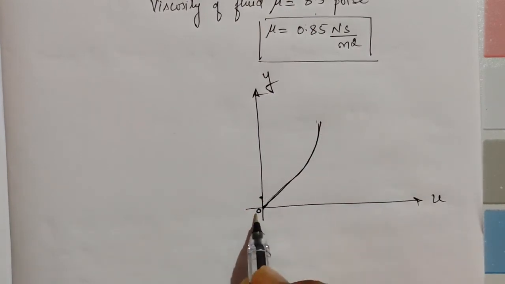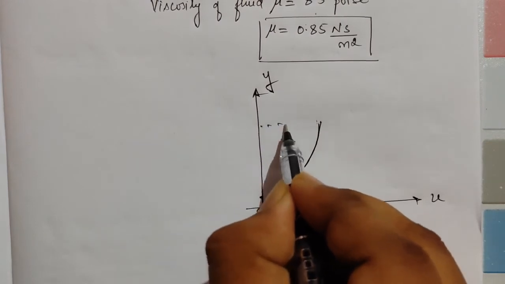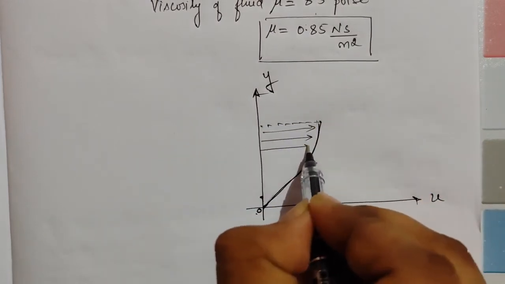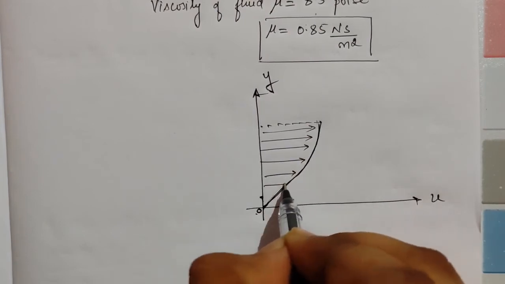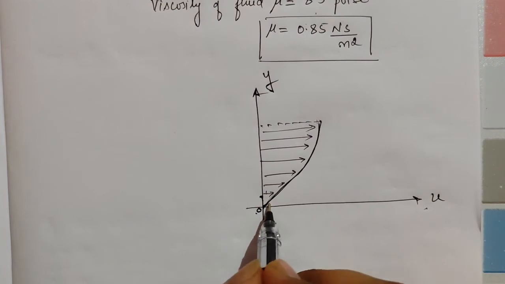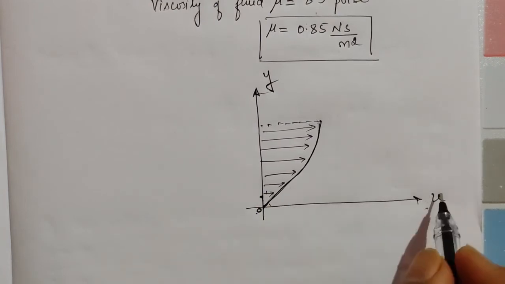Okay, so here it is 0. Here they have given values. What have they given? When u is 0, y is also 0.